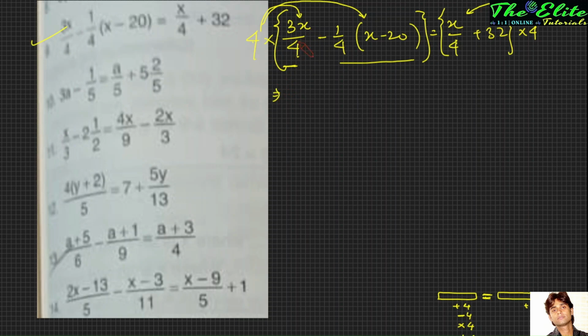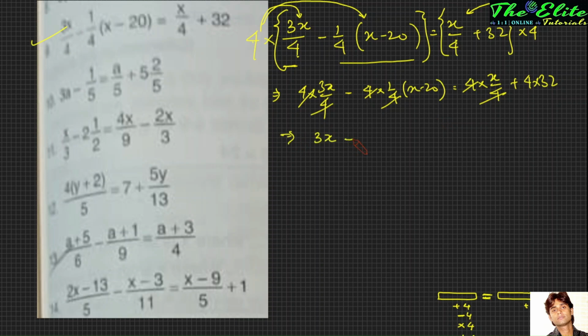If you multiply this 4 into 3x by 4, then 4 into 1 by 4 of x minus 20, and here 4 times x by 4 and 4 times 32. This will be the scenario. Now you can cancel, cancel, cancel. So here it is going to be 3x, and here it is going to be minus of x minus 20.